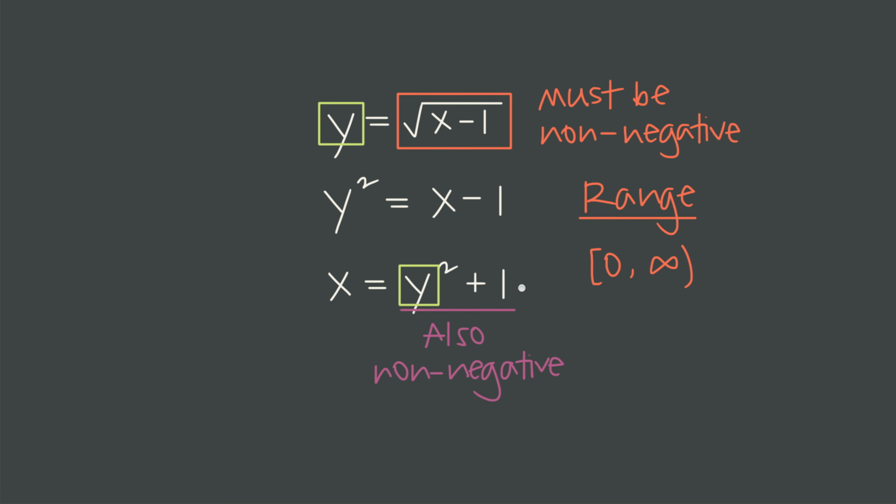So this whole thing, y squared plus 1, also must be non-negative. Because y can only be 0 up to positive infinity, y squared plus 1 also has to be 0 to positive infinity, and therefore the domain represented by x has to be 0 to positive infinity. So that was a quick way to find the domain by solving for x in terms of y. That can sometimes be helpful.